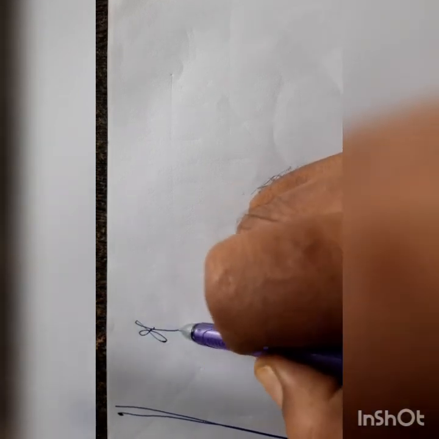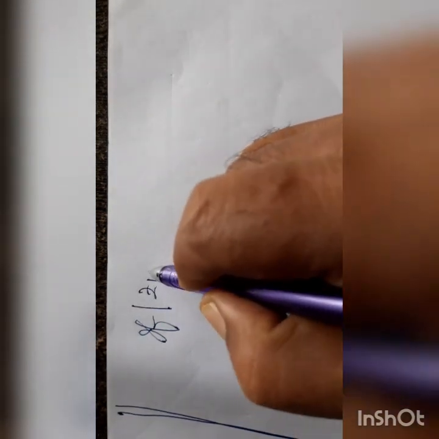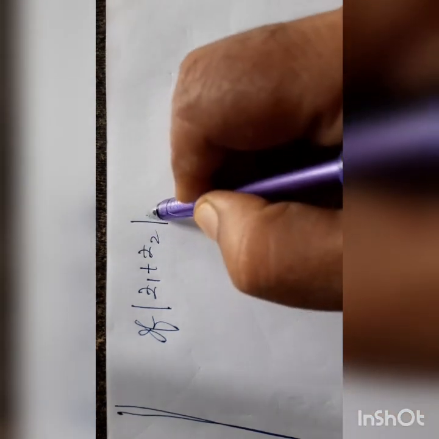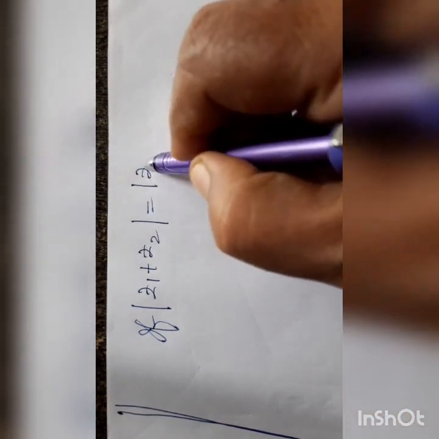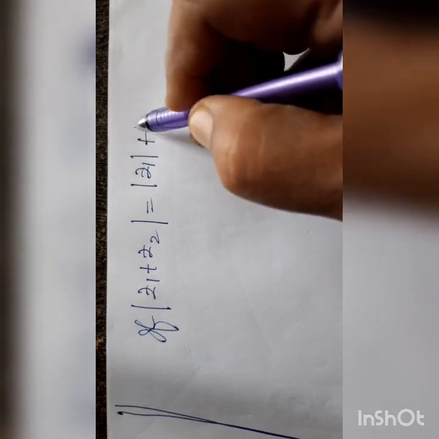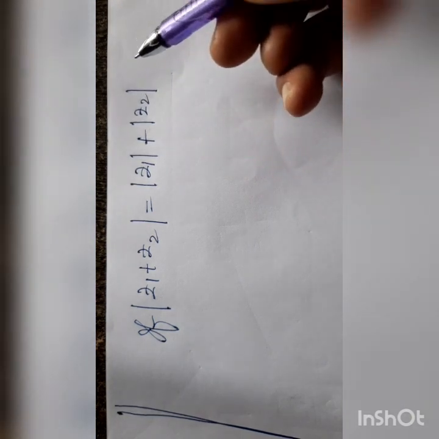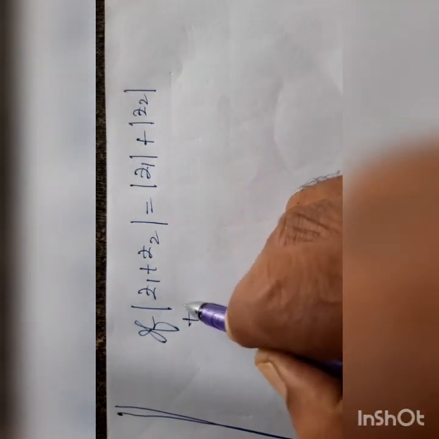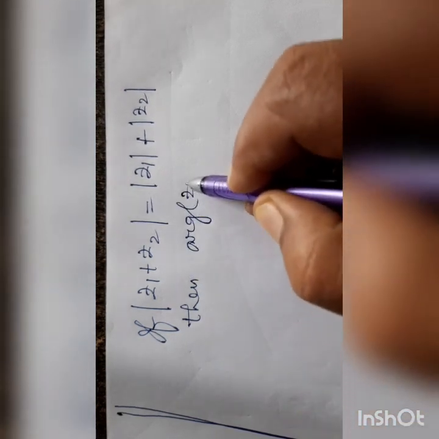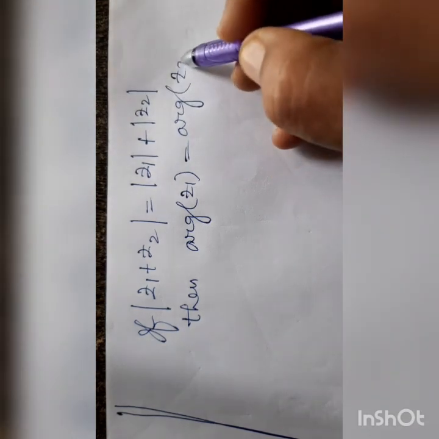If modulus Z1 plus Z2 equals modulus Z1 plus modulus Z2, then arg of Z1 equals arg of Z2.